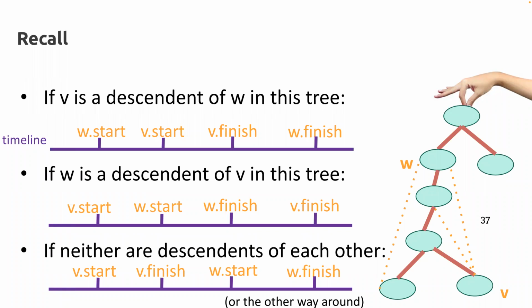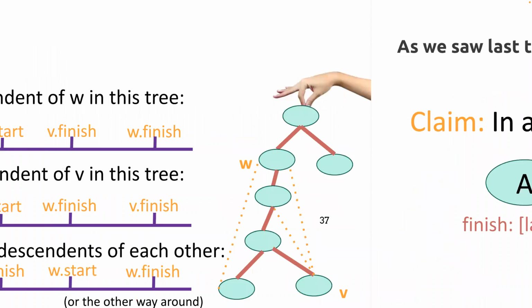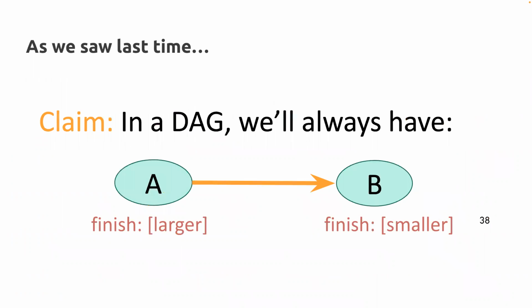And then we argued, by looking at the start and finish times, that no matter what, the finish time of the earlier node was going to be larger than the finish time of the later node. That's what we saw 3-4 days ago.